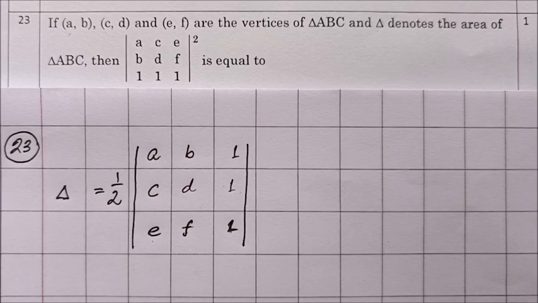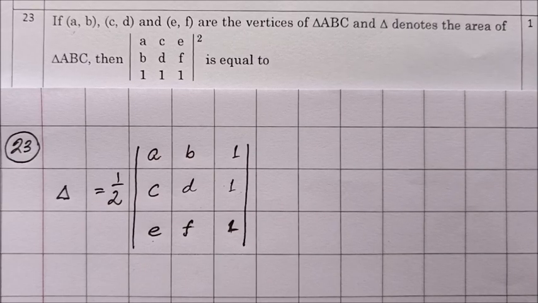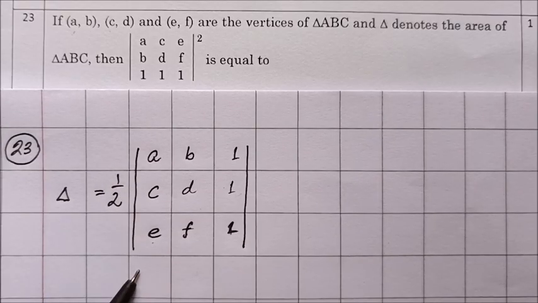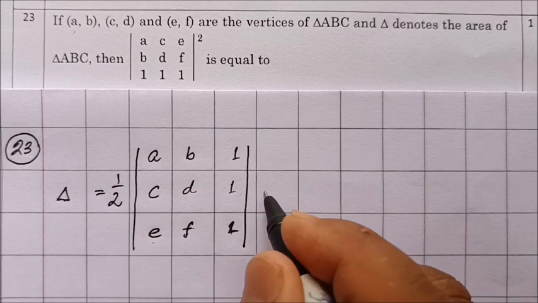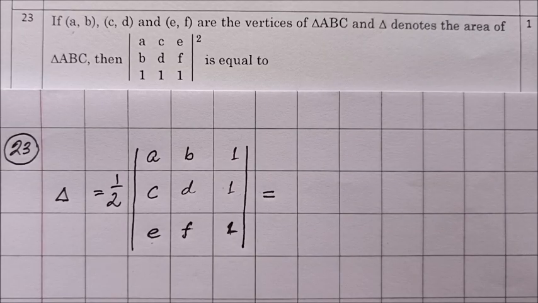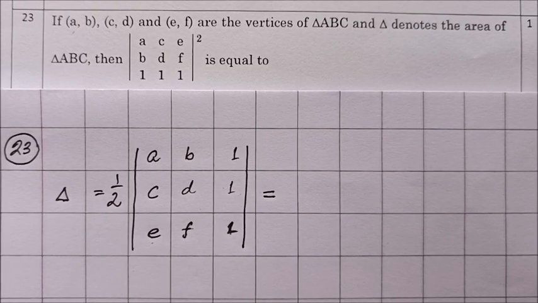But what we have to do in the given question, this first row is our first column, and one knowledge we should have, the determinant of a matrix and its transpose are always same.